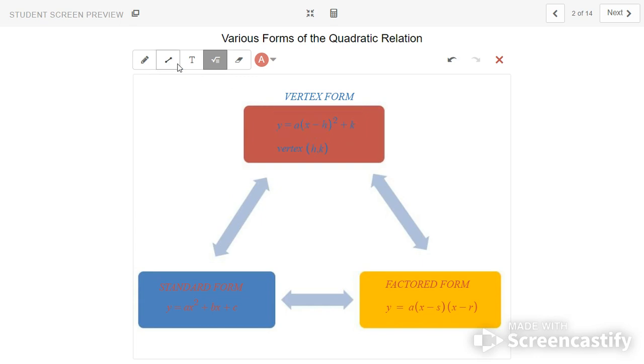From vertex form into standard form, we would have to expand the brackets and then collect our like terms. If we were going from standard form to vertex form, we would have to factor. And if we were going from factored form back to standard form, we would also be expanding again.